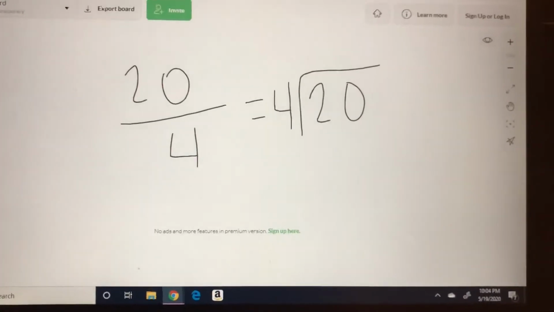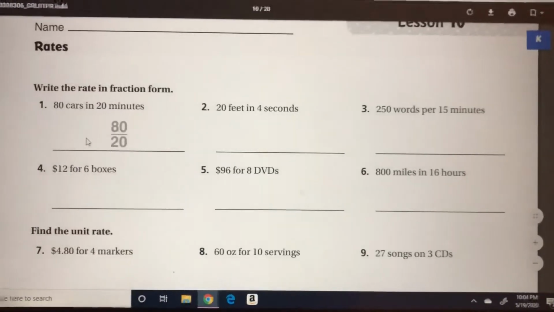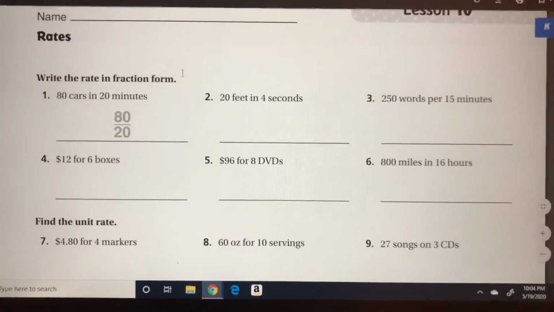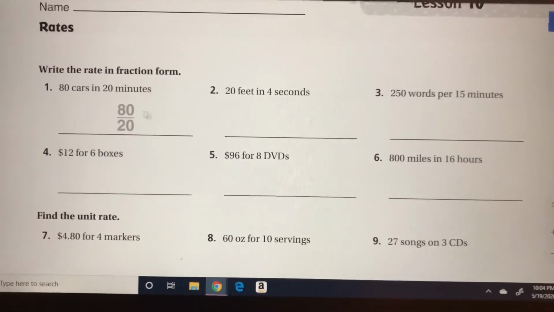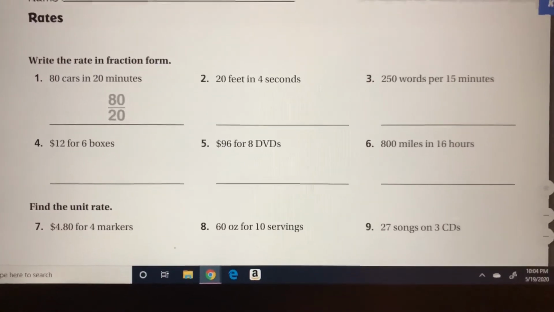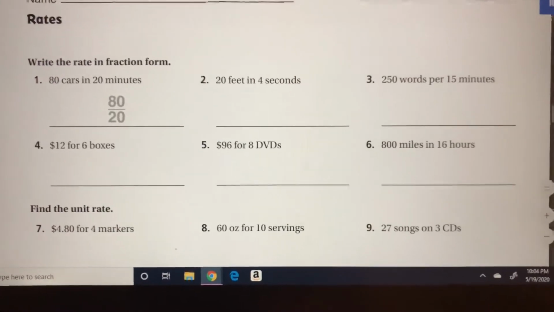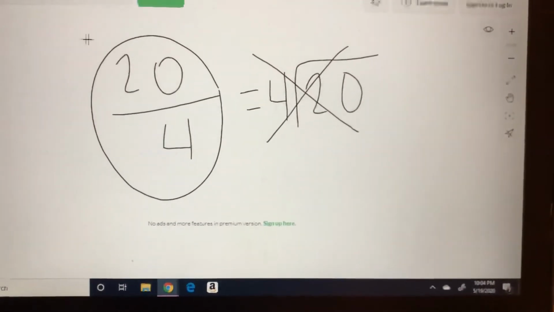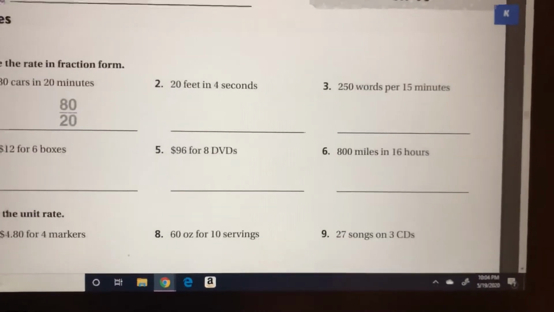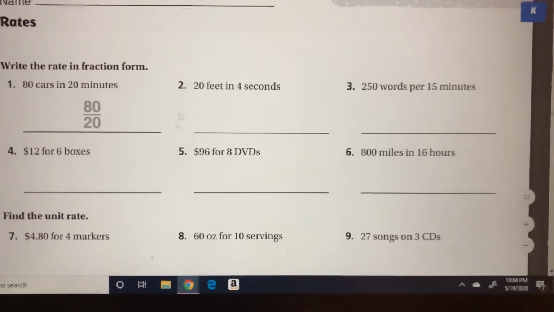You don't have to solve it, because all they want you to do here is write it in fraction form. So for numbers 1 through 6, we're just doing what they did here. You're not doing this part. I just took it a step further to show you what it would look like, but that's not required of you for the first 6 in this worksheet.